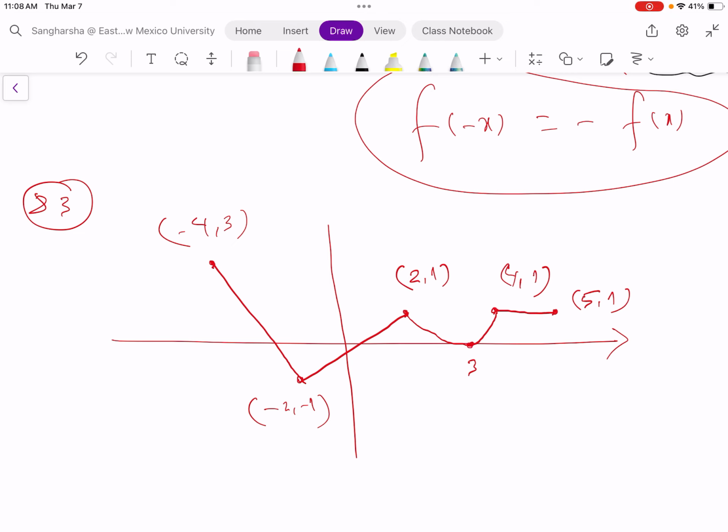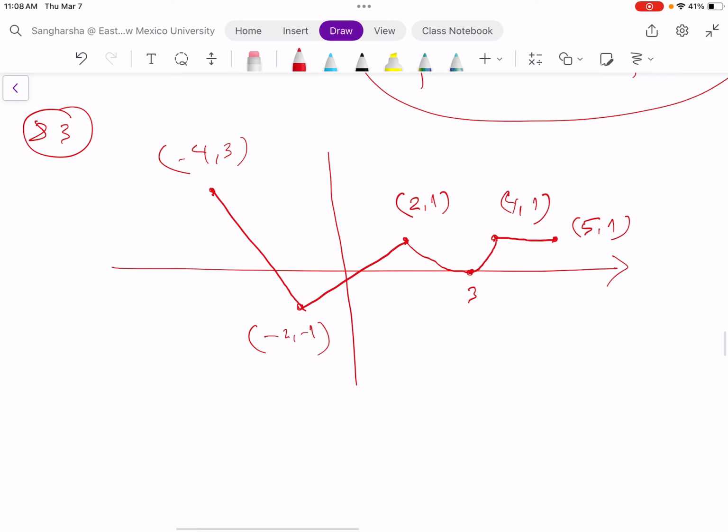This parabola is touching at positive 3. In the very first one, number 83, we have to write an interval where the function is increasing. On the basis of this graph, what is this x value?